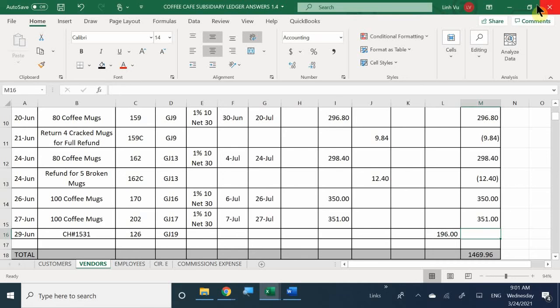So therefore, it should reduce my total balance by 196. So now I owe 1273.96 to All Things Ceramics. Okay. 1273.96. So I still have a bunch of other bills I haven't paid yet. Right? So we should be done there.